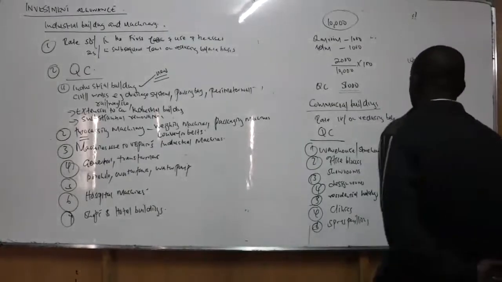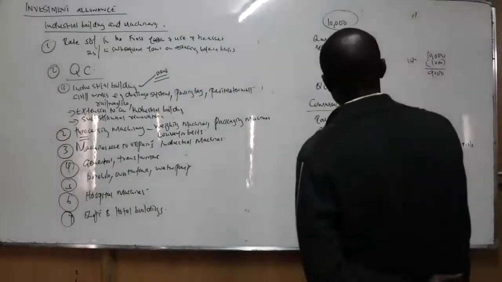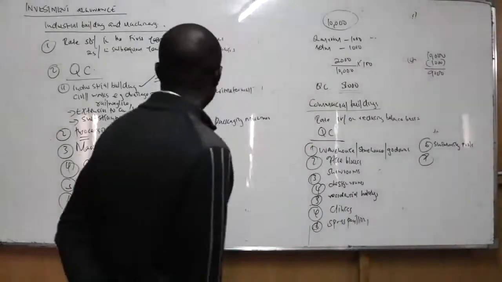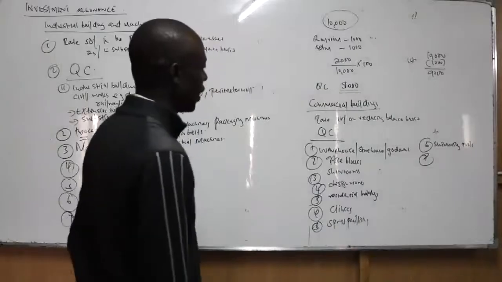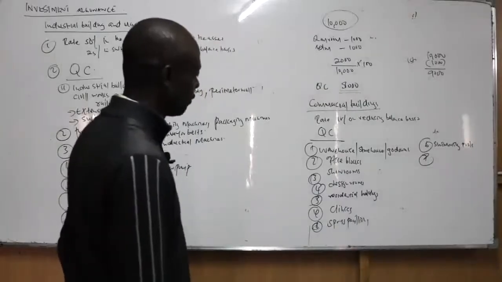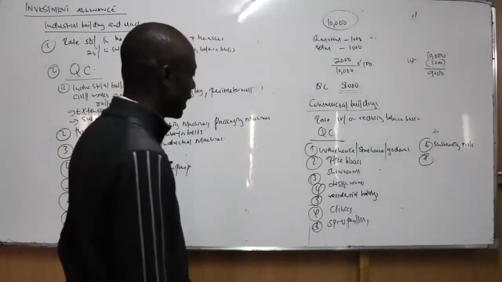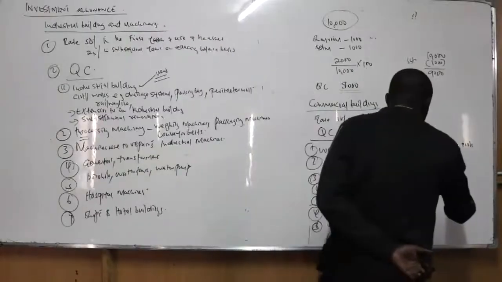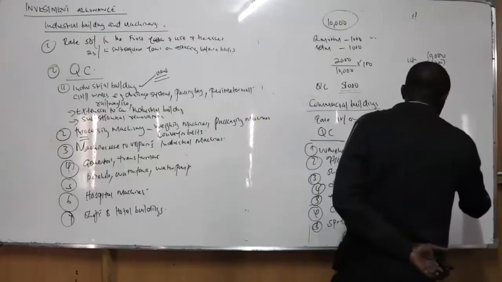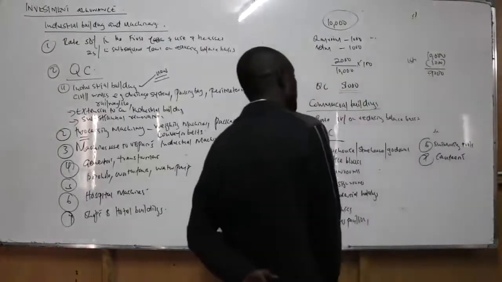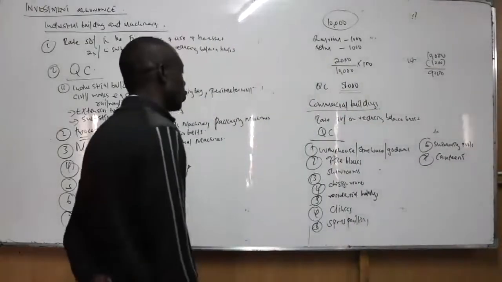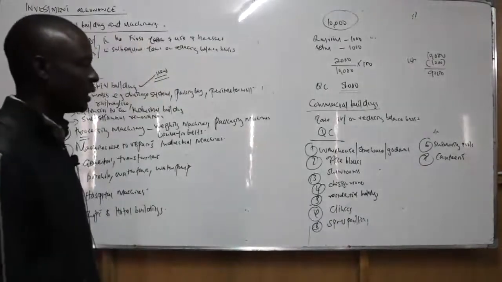Seven, we have... which one? I may remember. So we have swimming pools, sports pavilions, clinics, residential buildings, design rooms, showrooms, office blocks. We have canteens. They qualify here. So those are some of the items that qualify here.